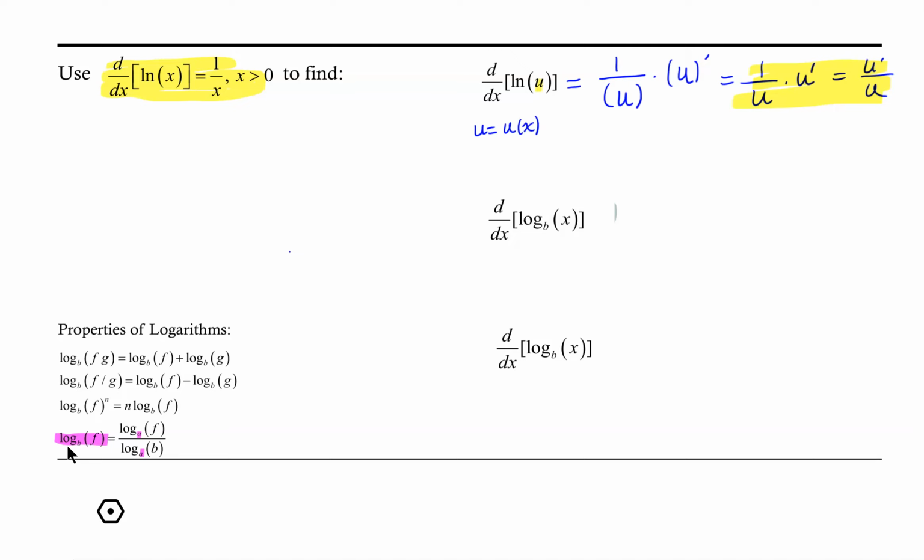So it can be rewritten as log base a of the function divided by log base a of the original base.